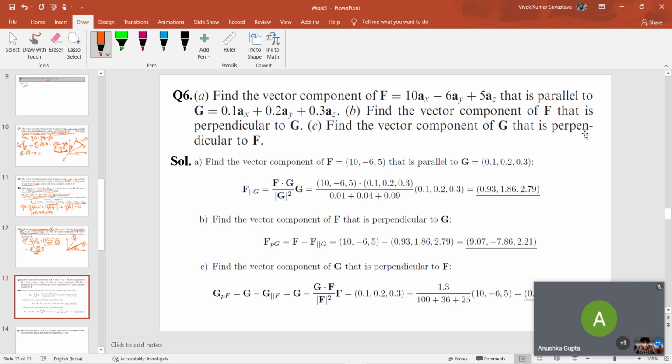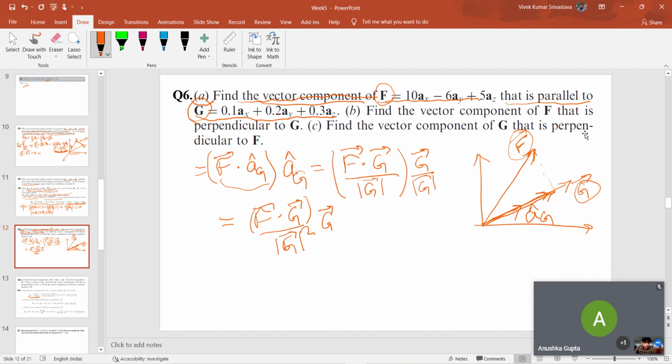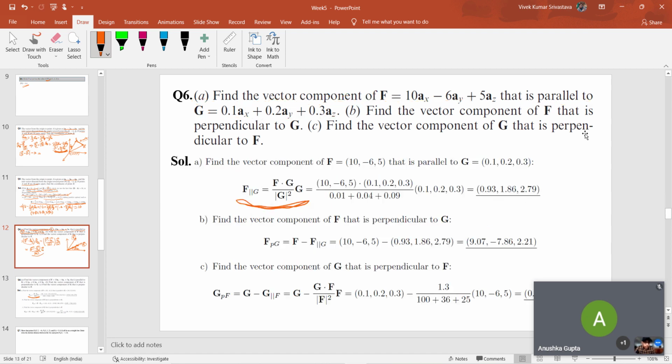Here I'm using the same relation that I have derived here. By using this relation you can simply solve this vector component, so as to find out the vector component of f that is parallel to vector g.